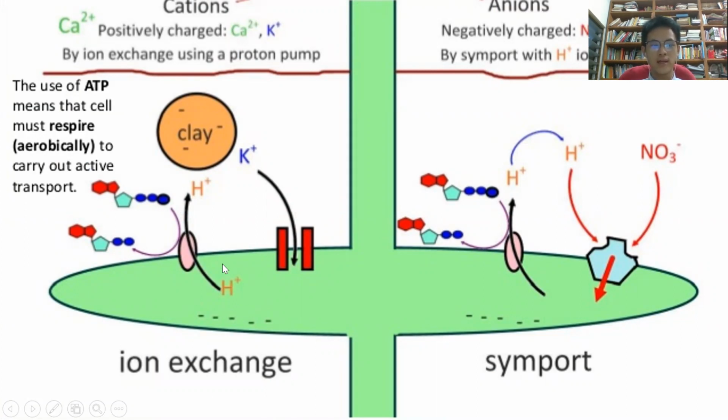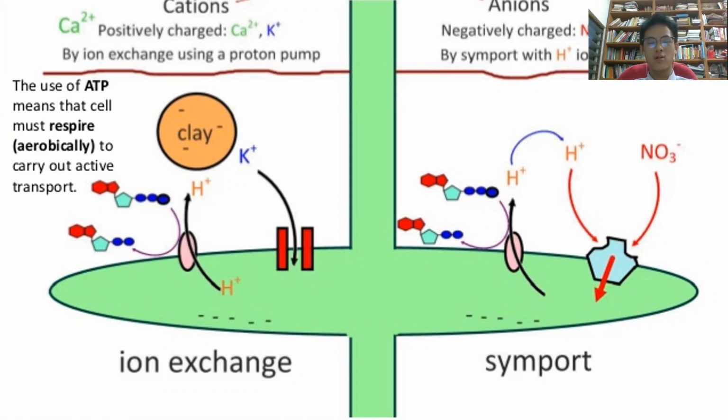If you can see, hydrogen ions, which are initially in the root hair cell, can be actively pumped out into the soil. This creates a higher concentration of positive charge, or cations, at the soil.